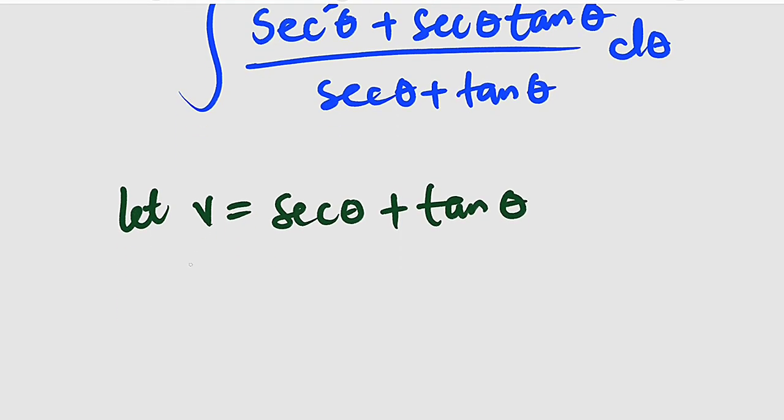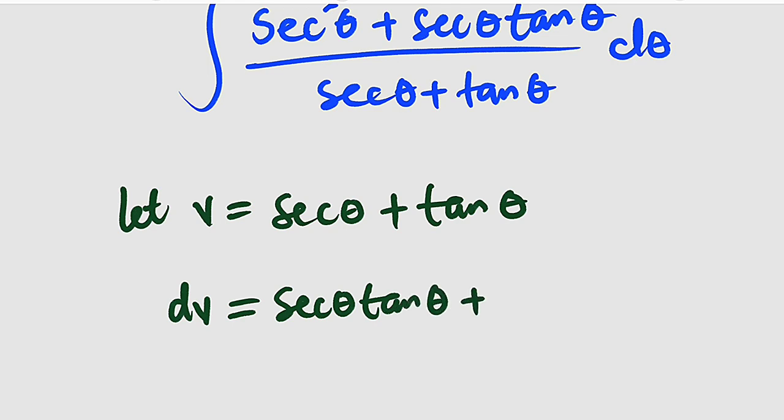Then if we differentiate both sides, to the left we have dv, and to the right hand side, if we differentiate secant theta, we are going to obtain secant theta tangent theta, plus, if we differentiate tangent theta, we are going to get secant squared theta d theta, right?